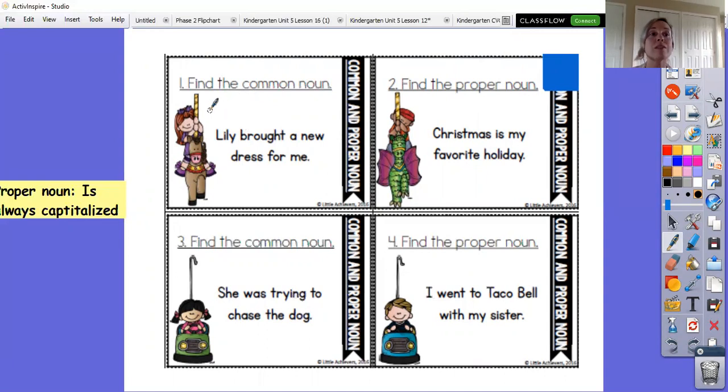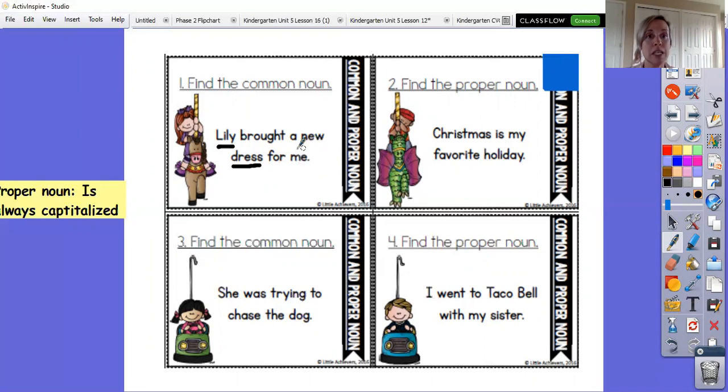A noun is a person, place, or thing. Lily, I'm going to underline that because Lily is a noun. It's a person. Dress, that's a thing, right?